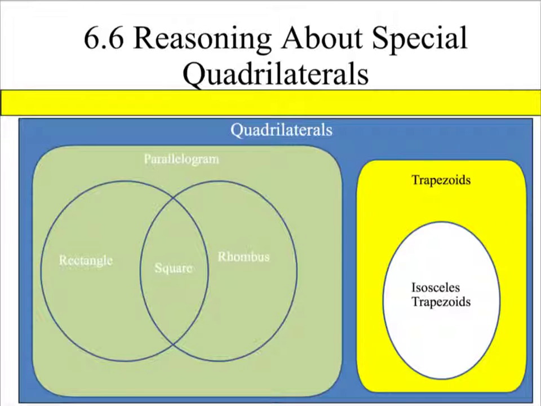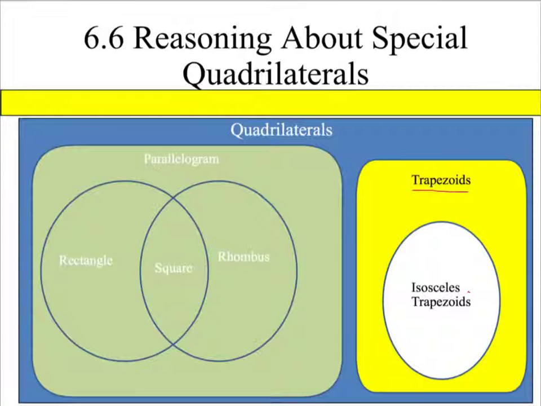If you look at this picture, I'm going to start with isosceles trapezoids. Notice that isosceles trapezoids are listed inside trapezoids. That means isosceles trapezoids are always a trapezoid. However, not all trapezoids are isosceles trapezoids.